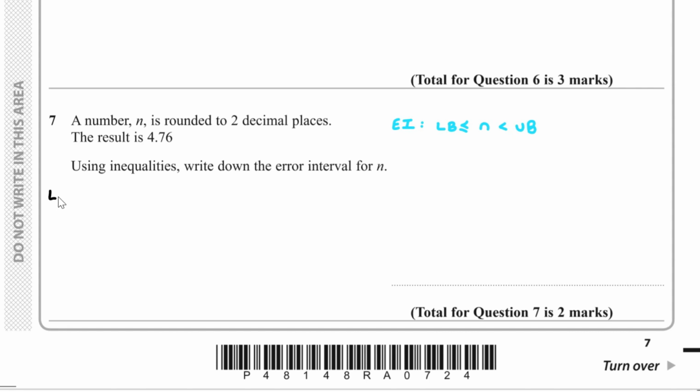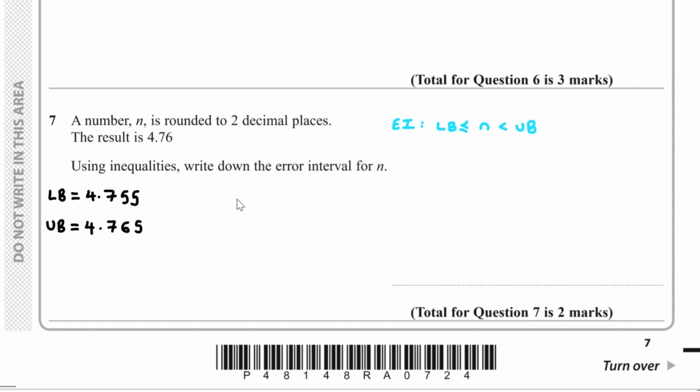So, for the lower bound, this is equal to 4.755, and for the upper bound, this is equal to 4.765.